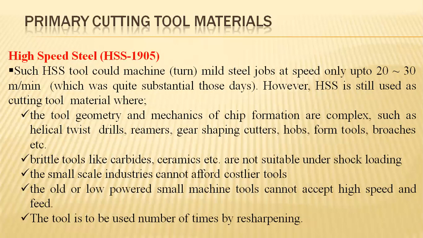In the olden days, this HSS of 1905 was utilized, and it is still used especially for turning operations or lathe machines, at minimum speed levels, feed levels, and depth of cut. This material is still utilized for machining processes.